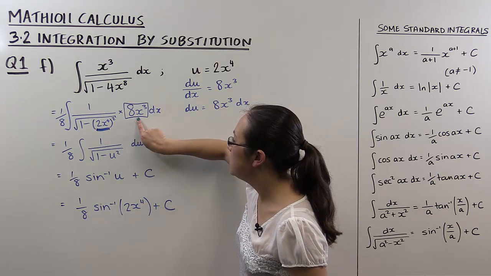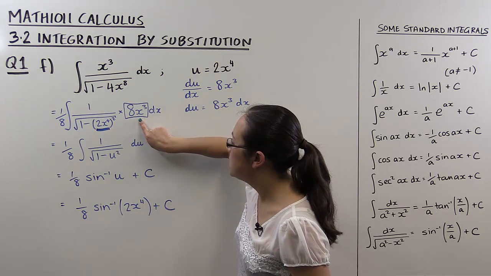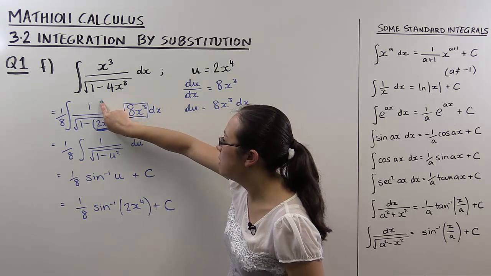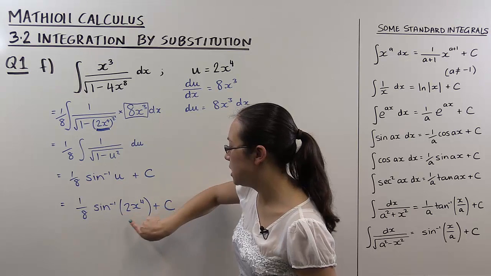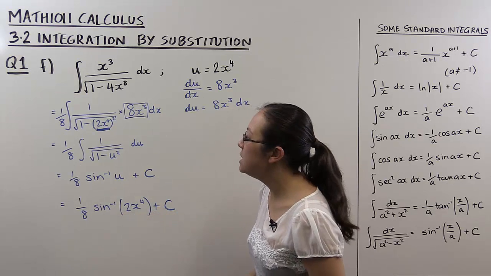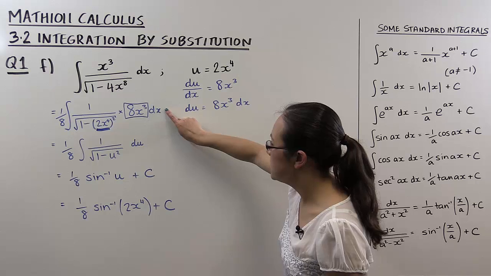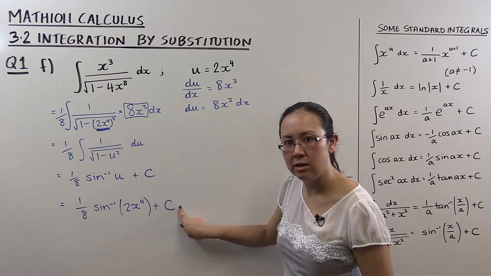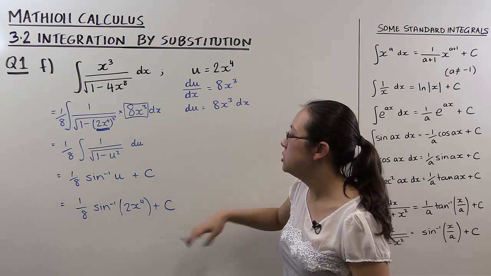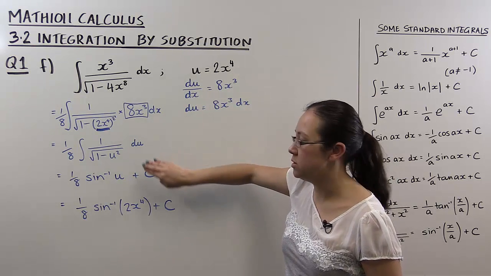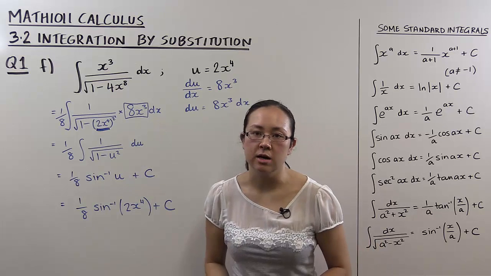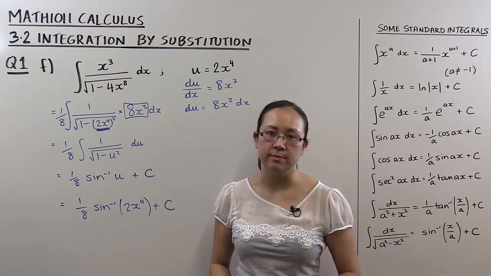The inside differentiated is sitting there, so we just need to find an antiderivative of 1 on the square root of 1 minus something squared, which we know is inverse sine of that something. So by inspection, you would have gone from this line to this line, but more formally by substitution, you would have let u equal 2x to the 4, simplified the integral in terms of u, and then you would have got to the same result at the end of the day.